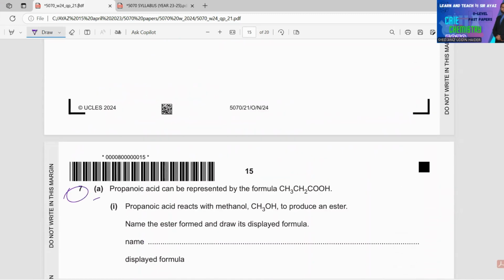Question number 7, part A. Propanoic acid can be represented by the formula CH3CH2COOH. Number one, propanoic acid reacts with methanol CH3OH to produce an ester. Name the ester formed and draw its displayed formula.